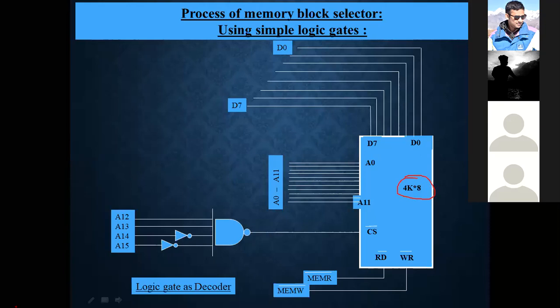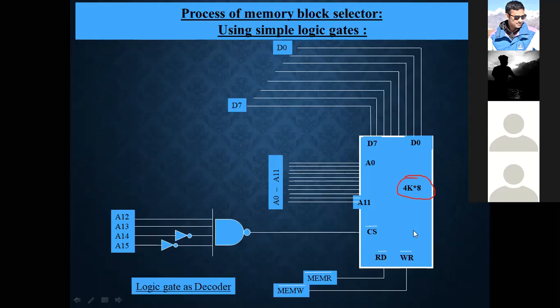Now look, let me ask, what is the difference between RAM and ROM? Tell me. Here in ROM, only the read operation is there, and in RAM, read and write both are present.